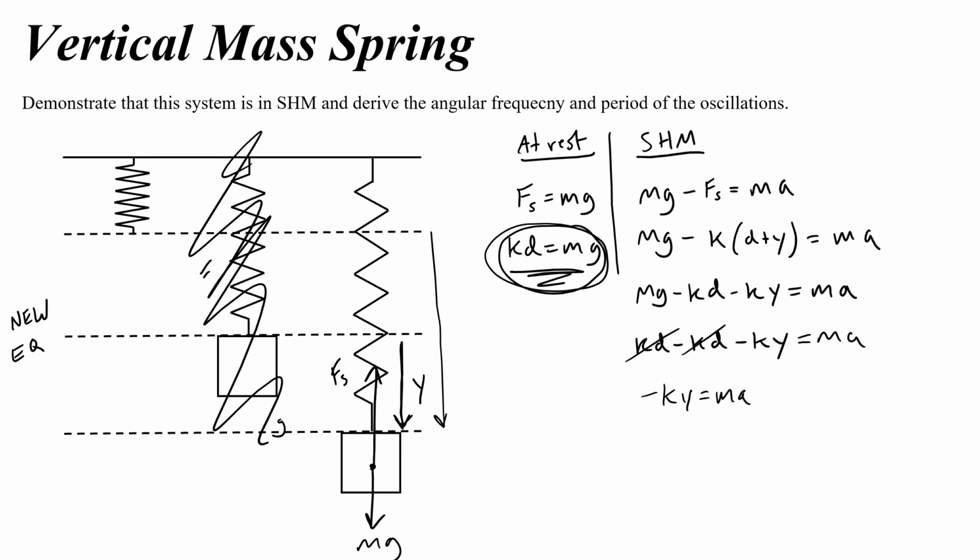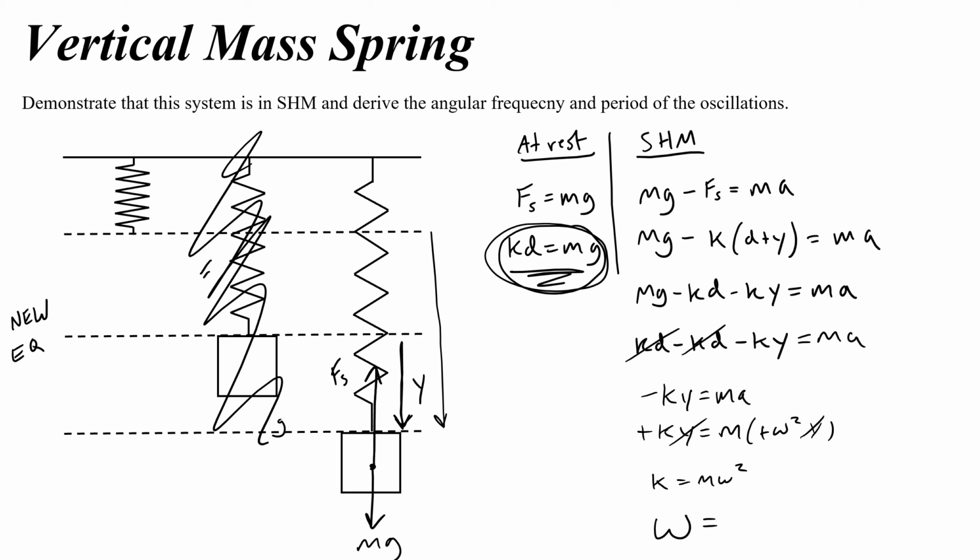So if we continue the solution, we're going to plug in our simple harmonic motion key for the acceleration. So here's how we demonstrate, boom, that this obeys simple harmonic motion. Of course, we've got a y instead of an x, so I should say y, and they will cancel out. These will become positive, and I'm going to get the spring constant equals m omega squared, which is the exact same thing as before.